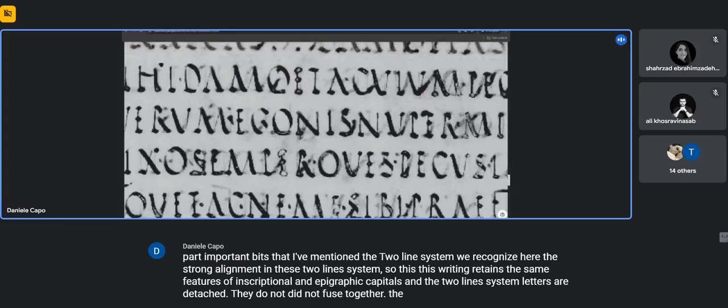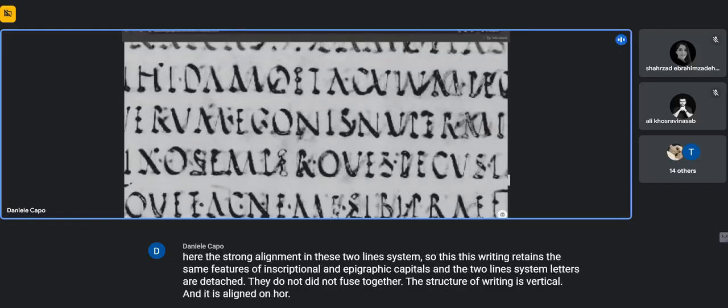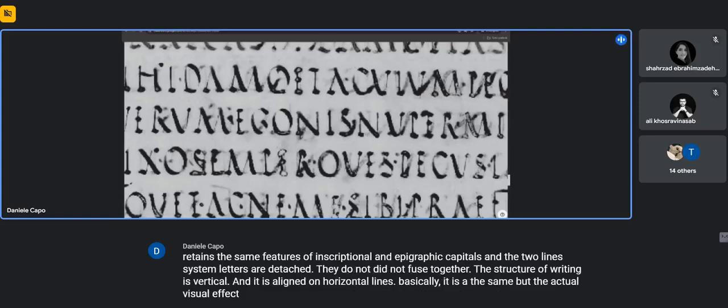The structure of writing is vertical, and it is aligned on horizontal lines. Basically, it is the same, but the actual visual effect is quite different.